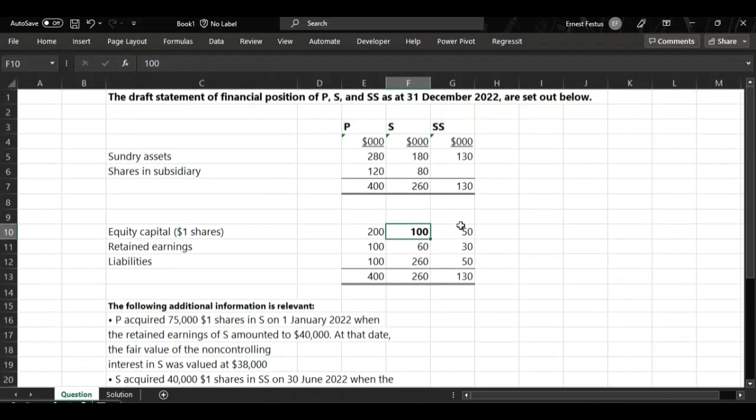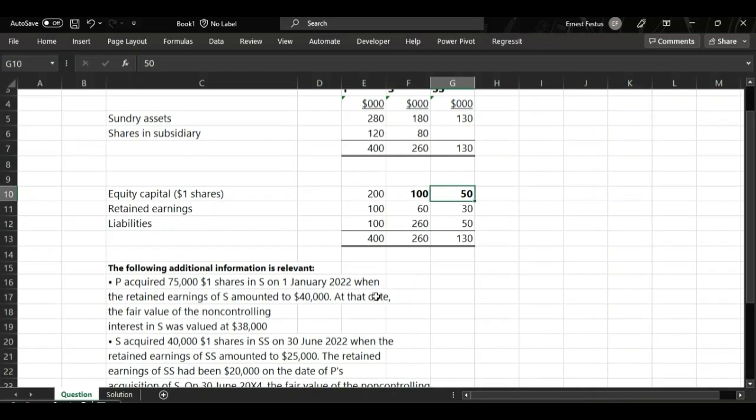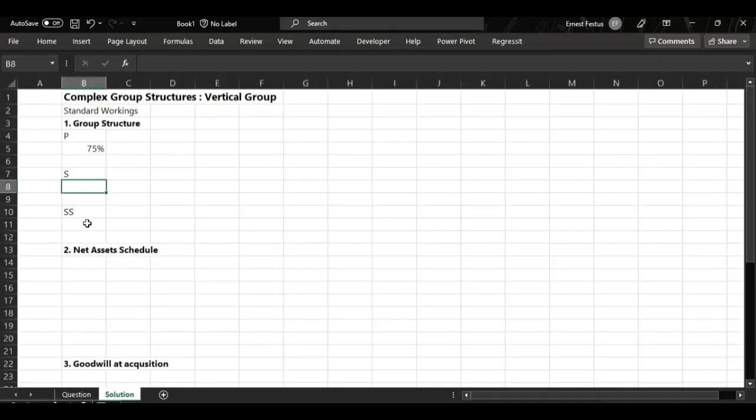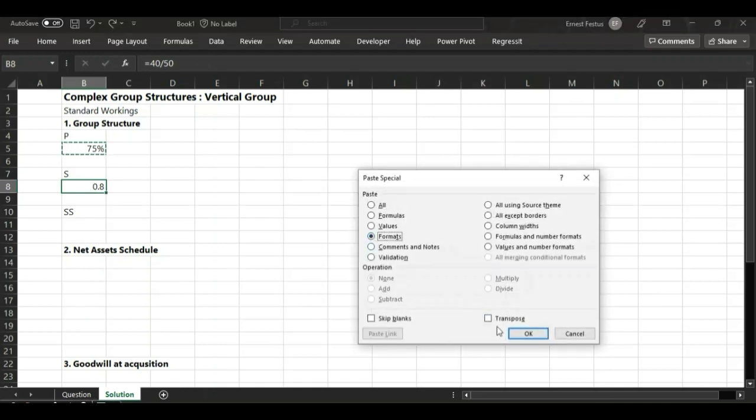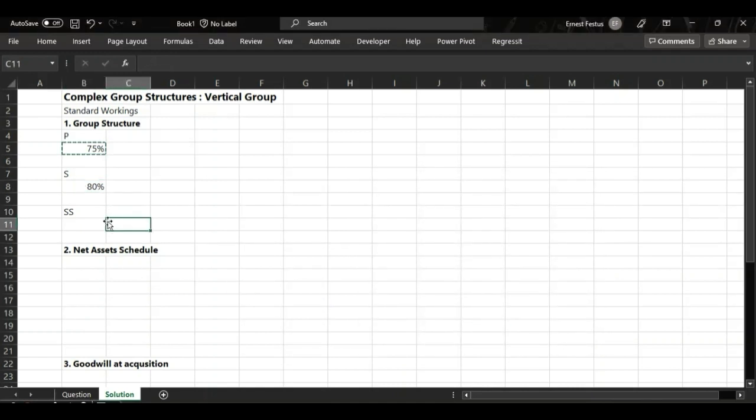How many shares does SS have? SS has 50,000 shares right here. S has bought 40,000 out of the 50,000, and so S controls 40,000 out of the 50,000 shares. And that is 80%.